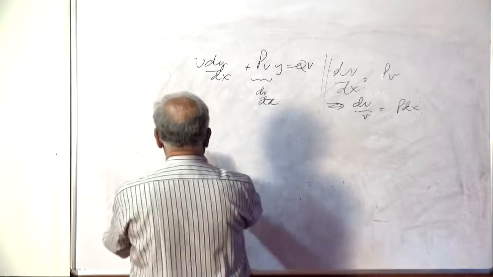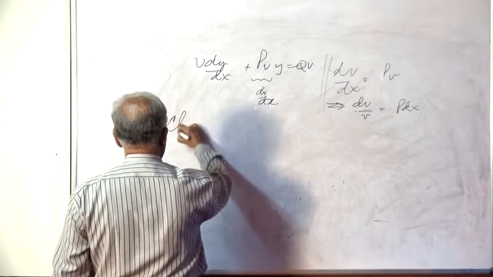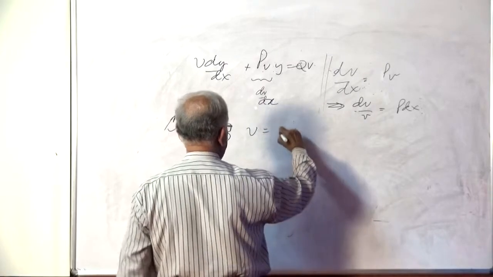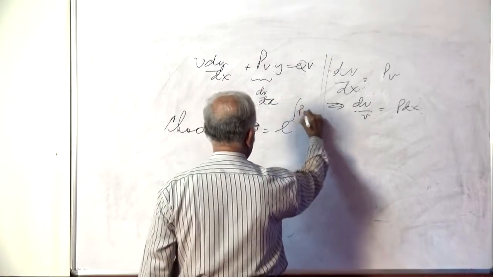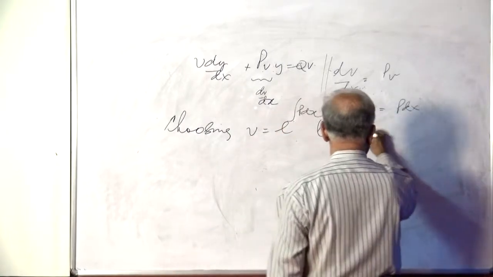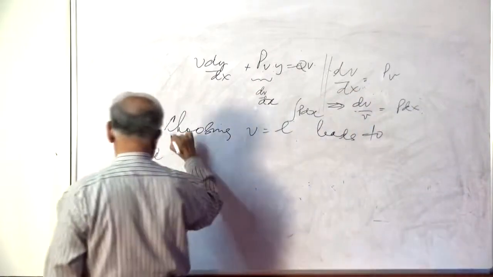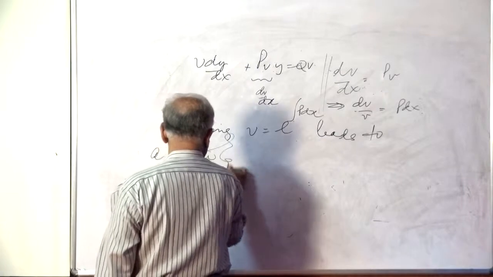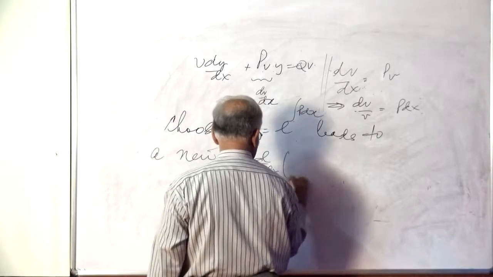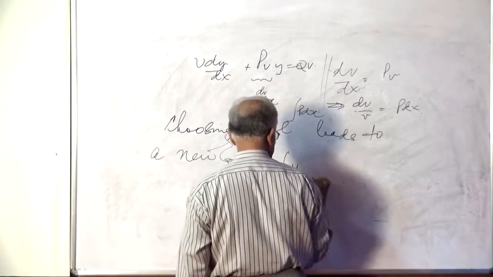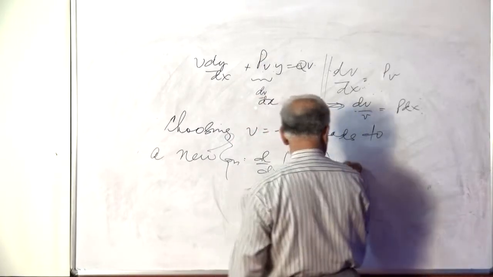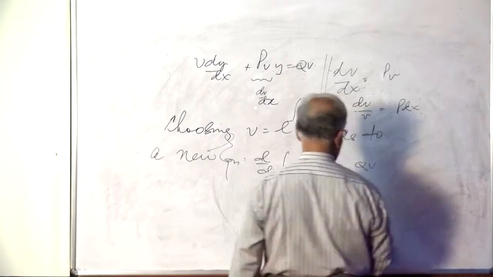So one can write, choosing V as e to the power of integral P dx leads to a new equation that looks like d/dx of y into e to the power of integral P dx is equal to QV.